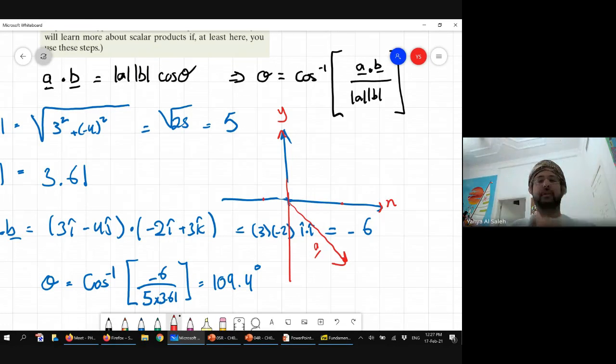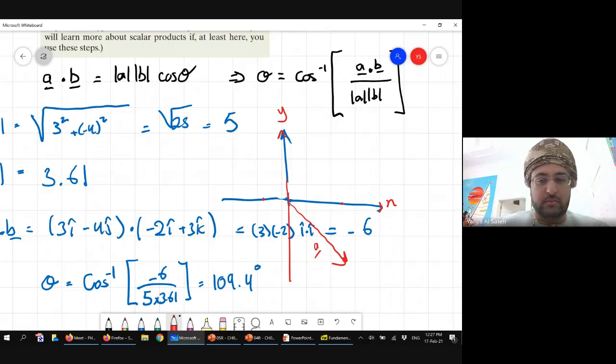I can't draw 3D. So you have one in the XY plane and another one in the XZ plane like this, and the angle between them is 109.4 degrees. It's not drawn, at least not by me.